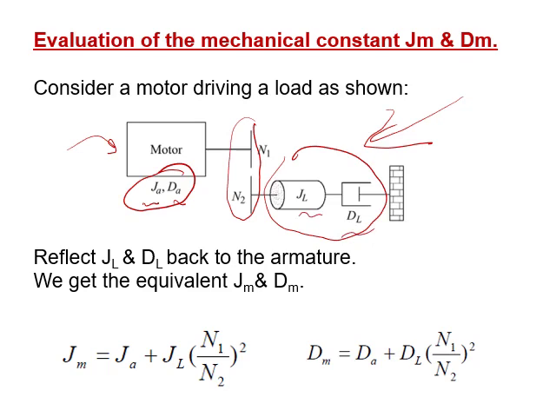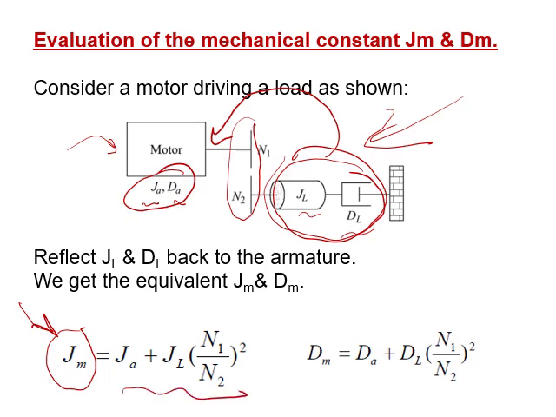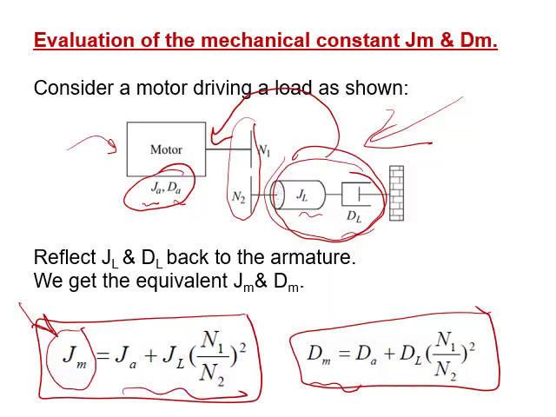Now, to get the equivalent inertia and the equivalent damping, we are going to reflect these elements to the motor and find the total. So we will find Jm, J equivalent, which is to be used in the transfer function. It's one of the constants in the equation, and can be calculated as we have discussed earlier in the rotational mechanical system with gear. Similarly for Dm. So that's how we can evaluate the mechanical constants.